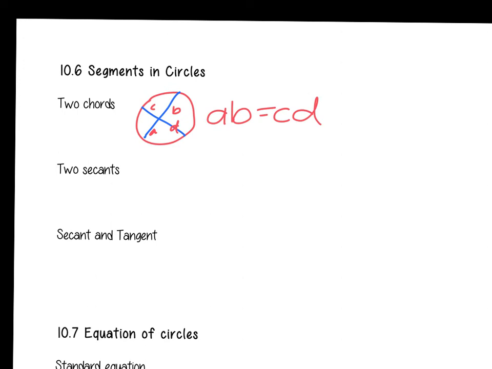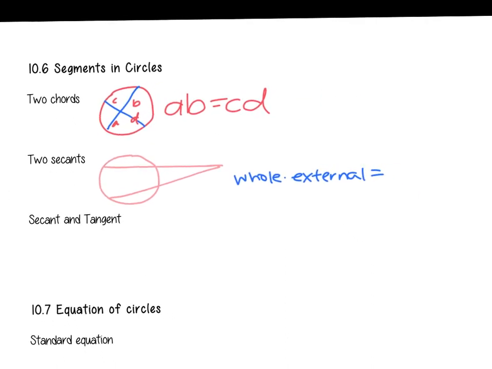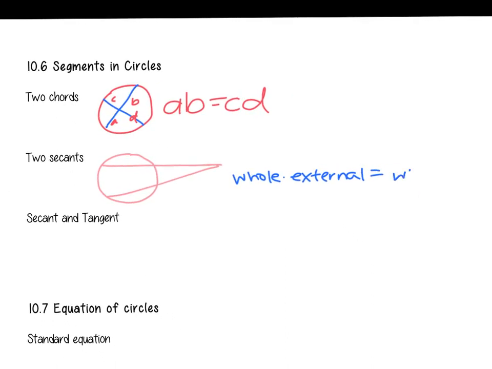Two secants, and these would be secant segments. This is your whole times the external part would equal the whole of the other secant times its external part.